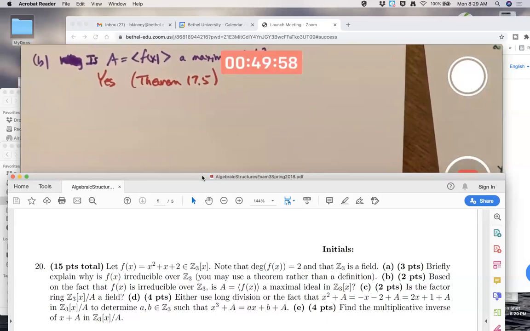In a nutshell, it's going to allow us to embed certain fields in bigger fields. Field extensions, I did mention this about a week ago. And those field extensions will contain roots of polynomials that in the base field didn't necessarily have a root.